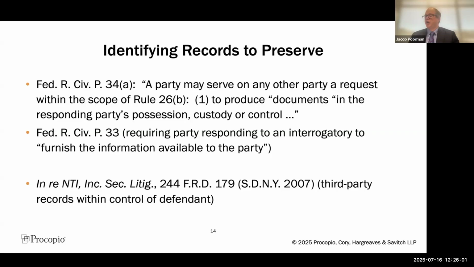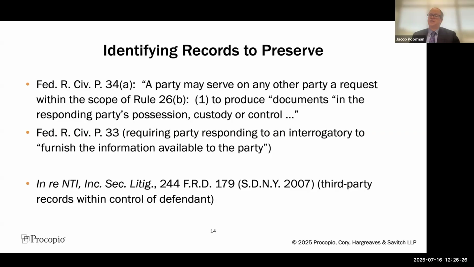A party must retain all relevant documents in existence at the time the duty to preserve attaches, and any relevant documents created thereafter. The process also typically focuses on documents within the company's own possession or custody first, and then expands outward to those documents in the possession of third parties that are within the company's control.